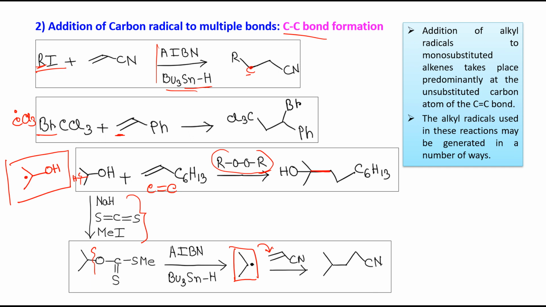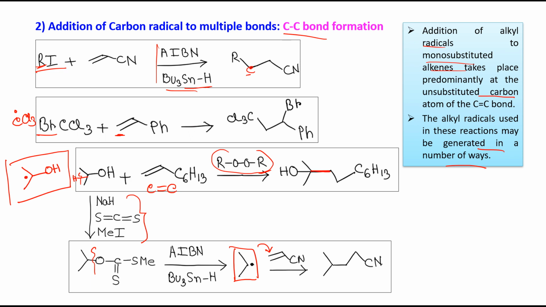So we can say that addition of alkyl radicals to monosubstituted alkenes takes place predominantly at the unsubstituted carbon of the C=C double bond, which is clear from all of these examples. And these alkyl radicals that we are using here can be generated in a number of ways, which we can see here.